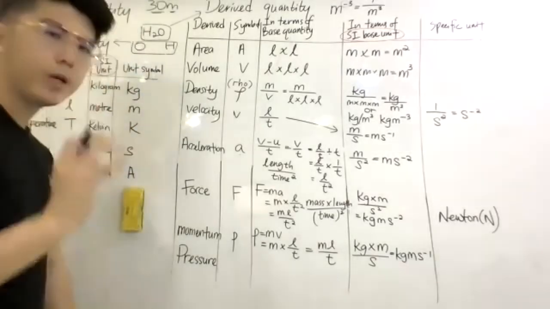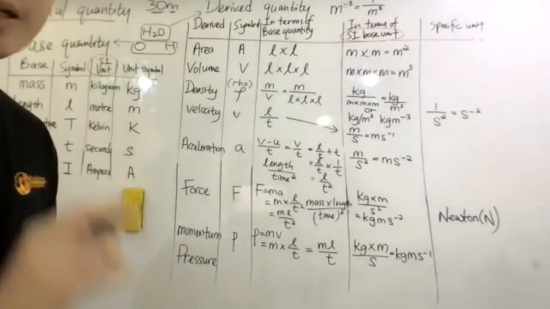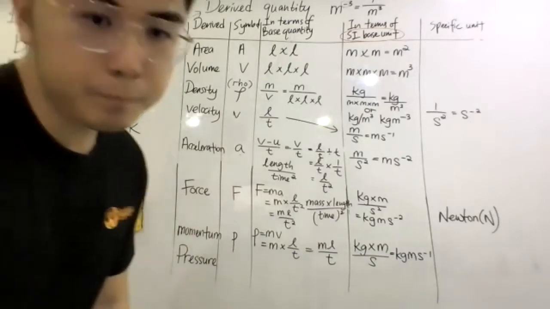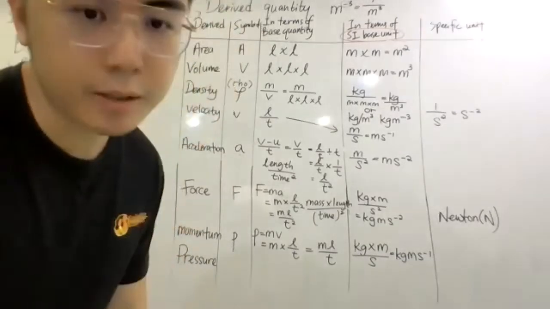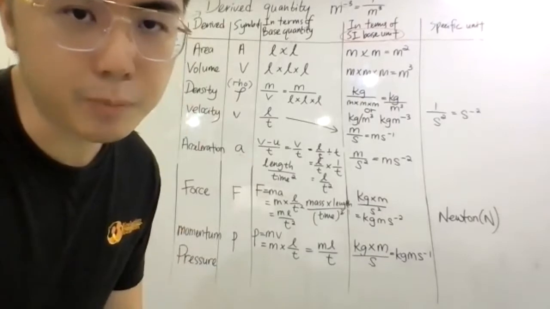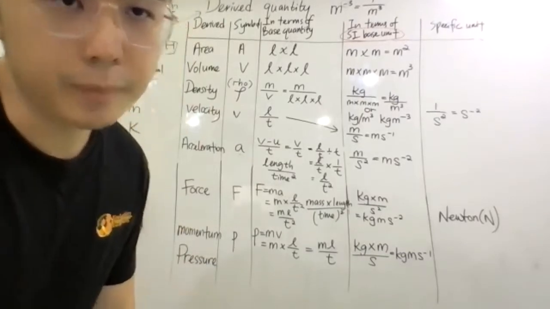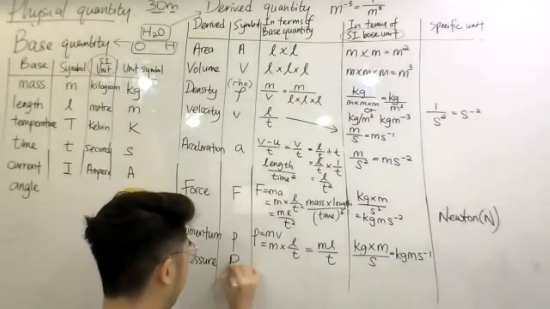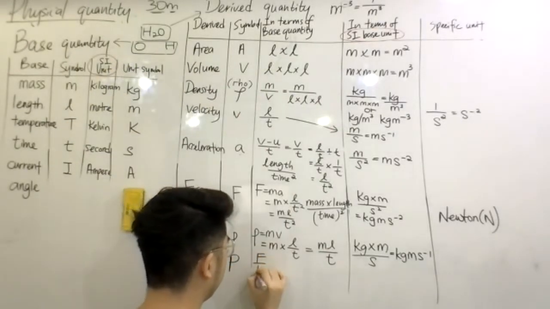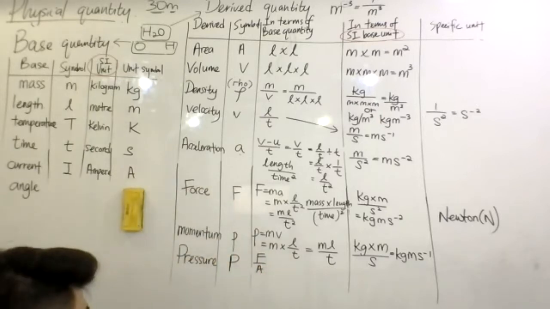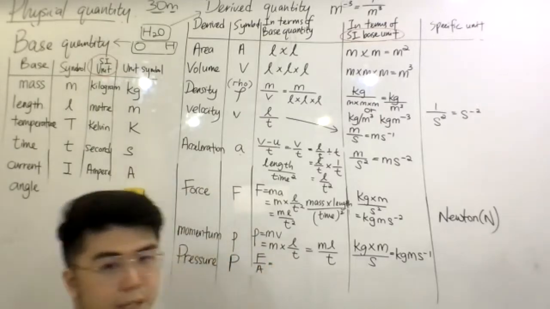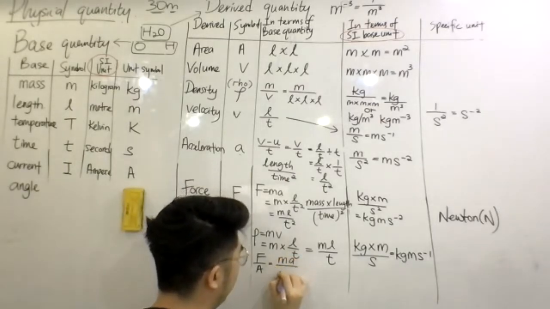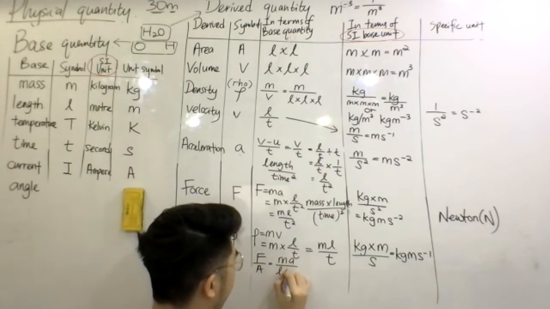But if I tell you the equation, you will be able to find the base. Yes, okay. Edmund said, oh, you learned it. Okay, some of you may have learned it. F over A, yes. P equals F over A. Okay, do we have enough space? Okay. F is MA over area. I break it down again, L times L.